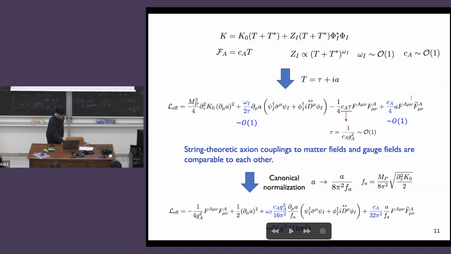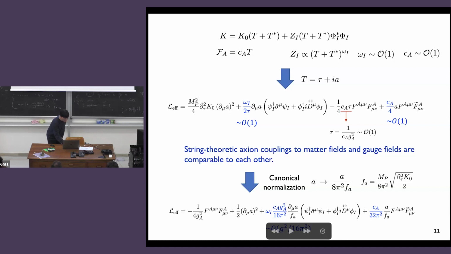And here the saxion field is identified as the gauge coupling of the associated gauge field. So for the standard model gauge field, this should be of order 1. And this scaling weight and the c_a are generally of order 1 in string theory. So the associated dimensionless parameters here are all order 1.